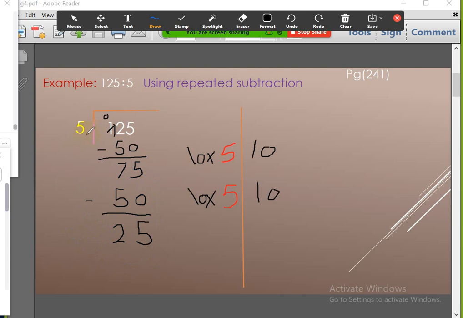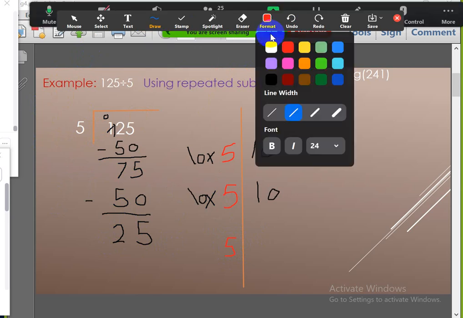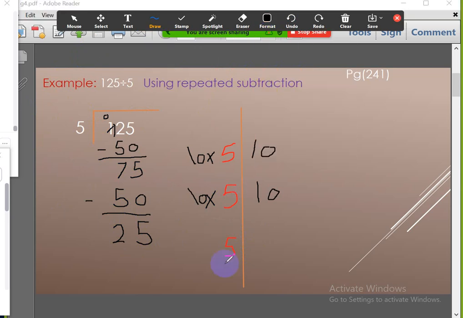Can I divide 25 on 5? Yes, I can. Because look, 25 is greater than 5. So I can divide 25 on 5. Still, I will take the divisor, which is 5, and choose a number to multiply the divisor with. Which number will I multiply with 5?